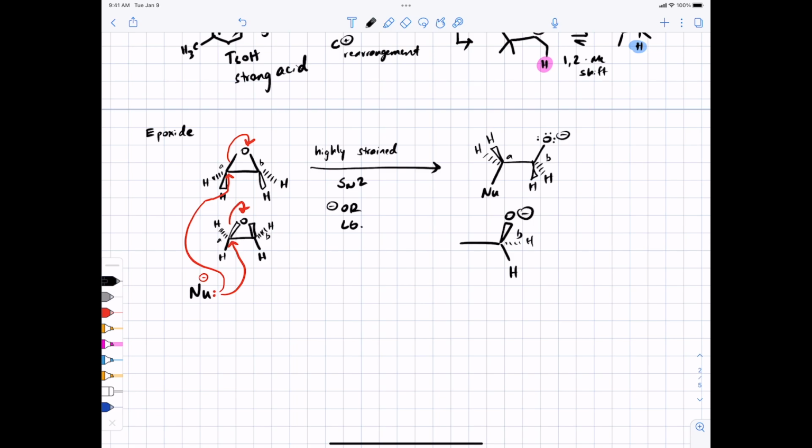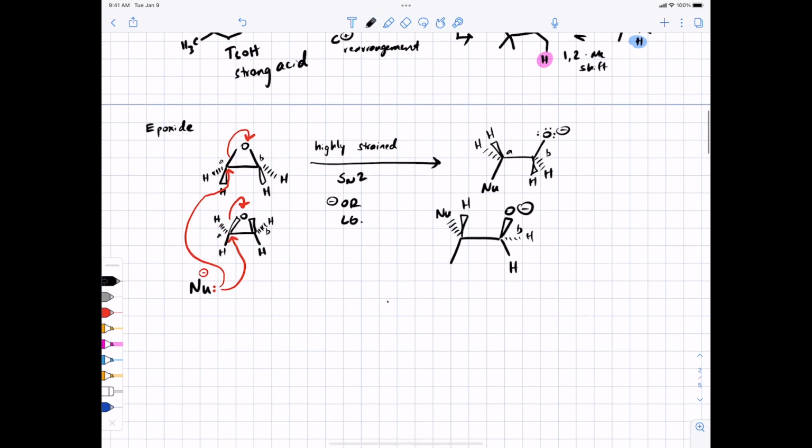Then I'm going to notice that the nucleophile came in opposite the OH group, so I'm going to draw the nucleophile here. The hydrogen that used to be going back into the page pops up because of inversion of the stereocenter, and then I will keep this one in the same place.